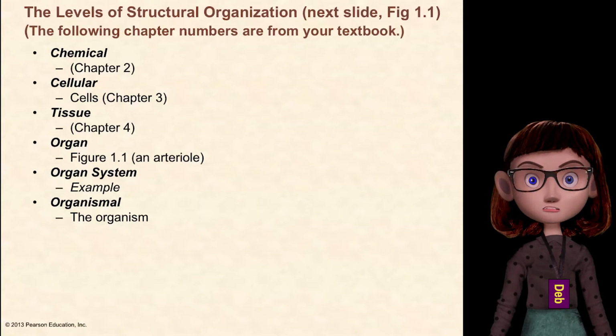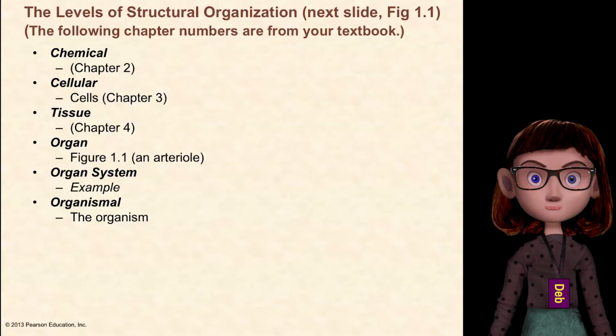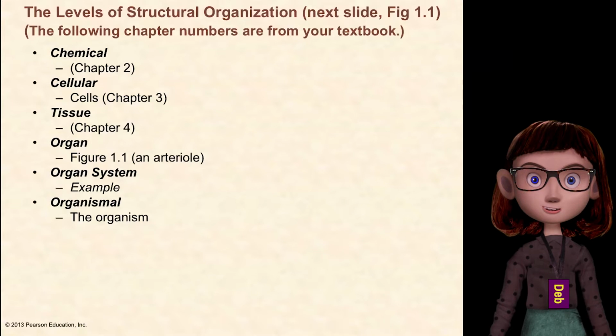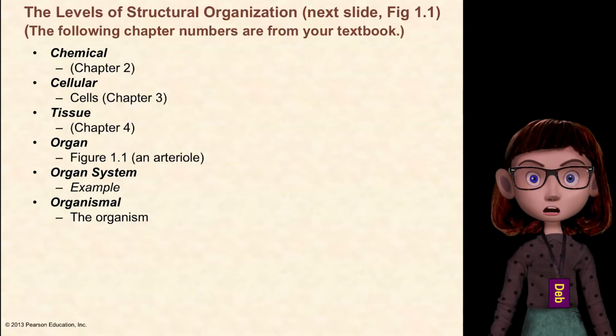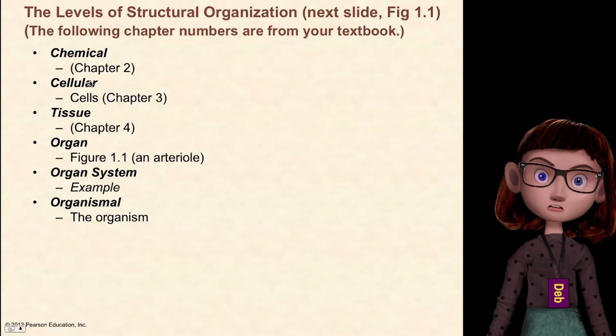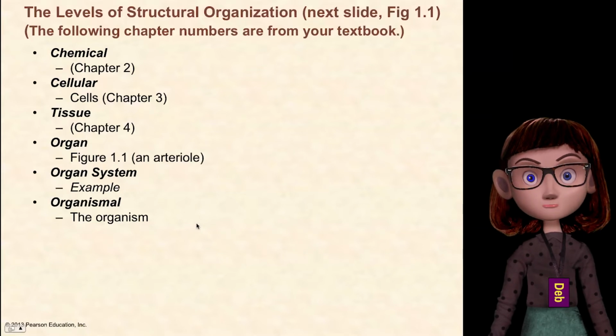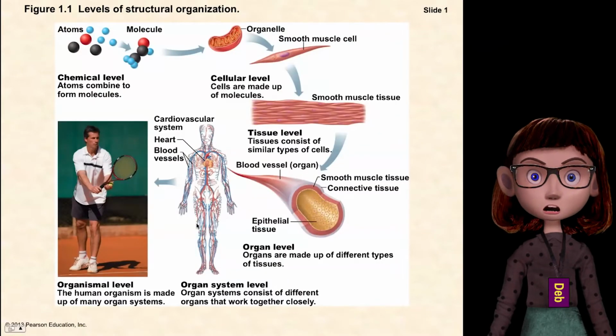Chapter 5 starts out with the integumentary system, and so that is actually an organ system. But the way we are organized in increasing complexity starts with chemical, then up to cellular organization, tissues, organ system, and organismal. And this will appear on this figure right here.